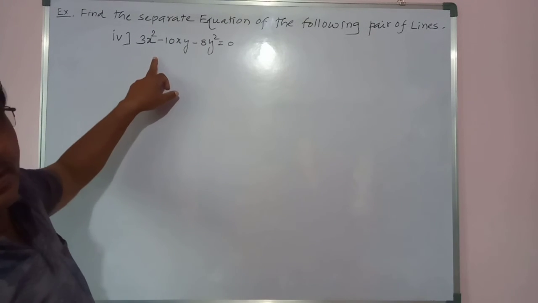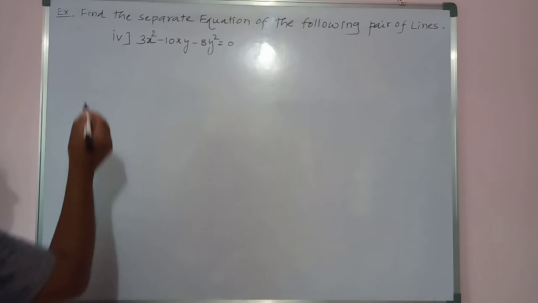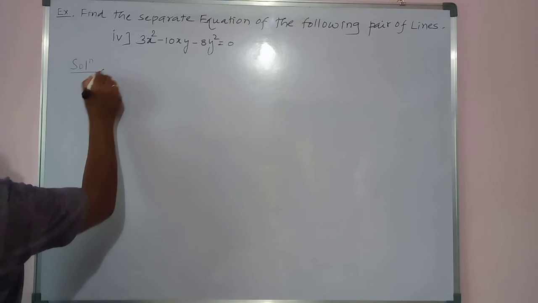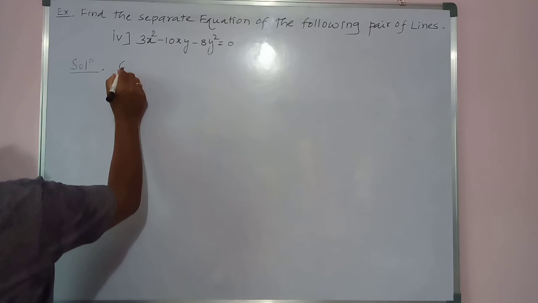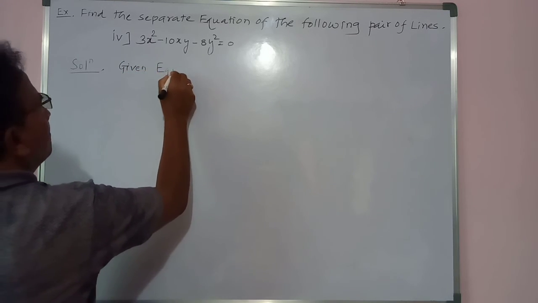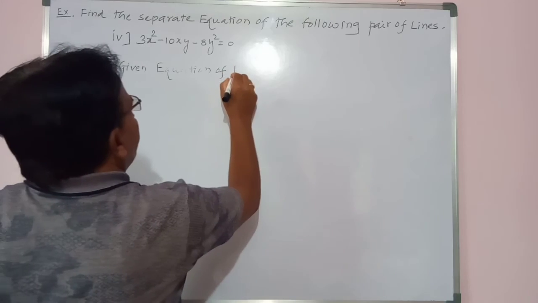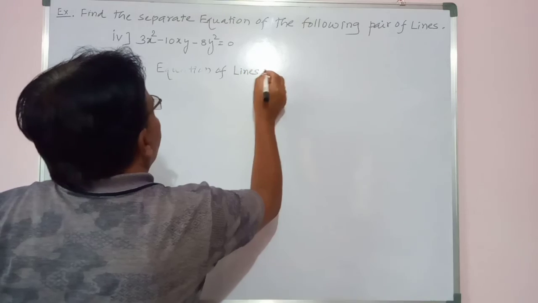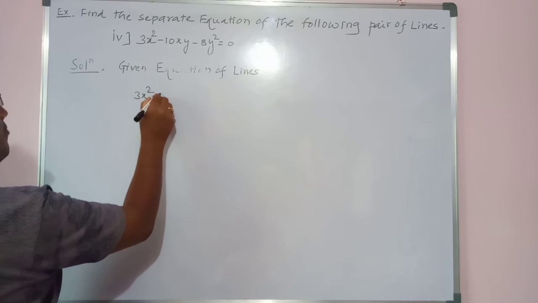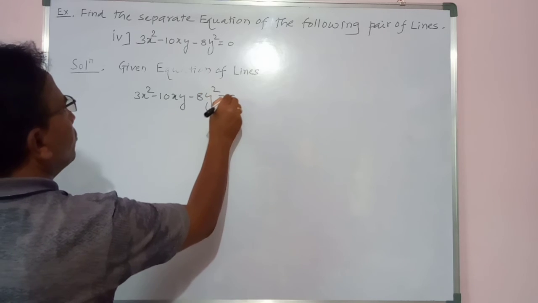The fourth example is 3x² − 10xy − 8y² = 0. Solution. The given equation of lines is 3x² − 10xy − 8y² = 0.